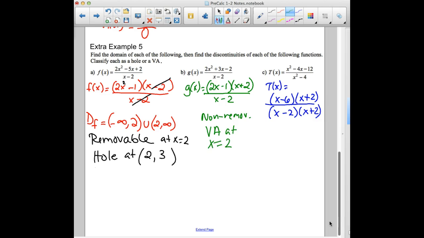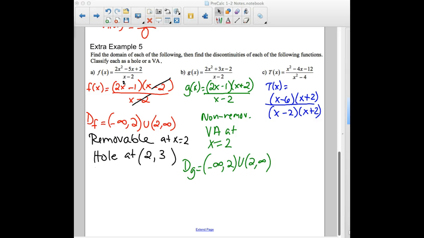What would my domain be for this one? Everything but 2? Okay, so same domain as before? Negative infinity to 2, jumping over it, and continuing on.